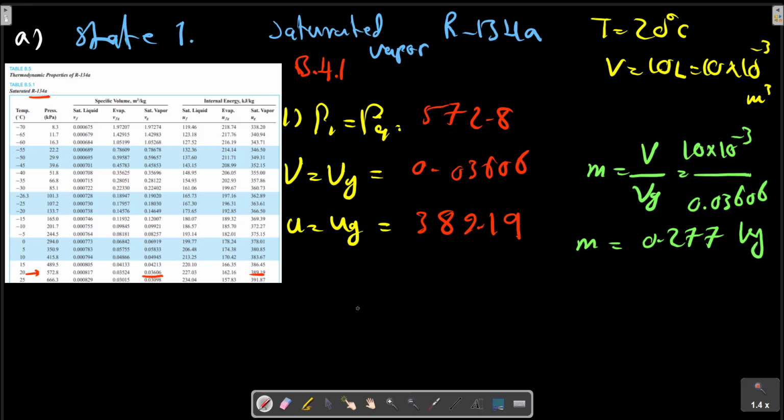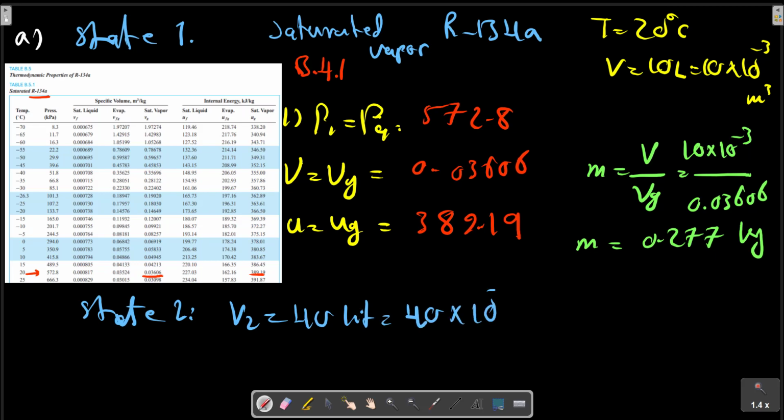Second, for state 2, we have V2 equals 40 liters, 40 multiplied.